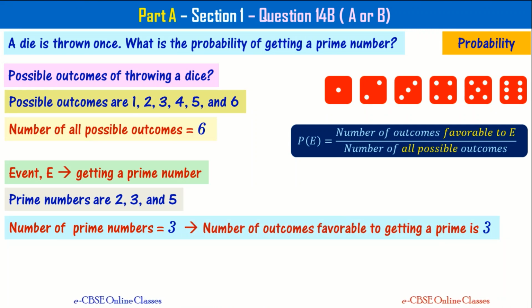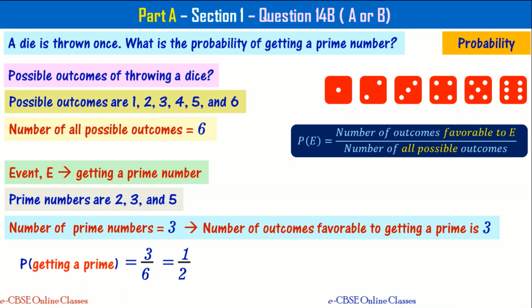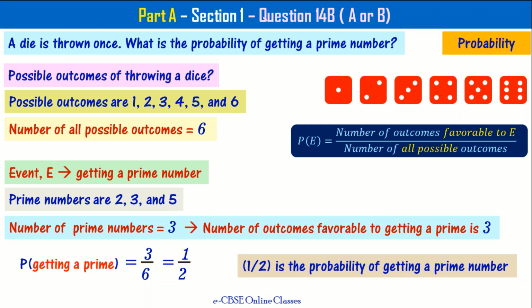It means that the number of outcomes favorable to getting a prime number is 3. So 3 goes into the numerator and 6 goes into the denominator. When you do that, the probability of getting a prime is going to be 1 by 2. So to answer the question, 1 by 2 is the probability of getting a prime number when you throw a dice once. Please take a note of that.